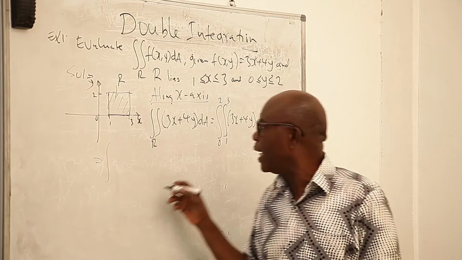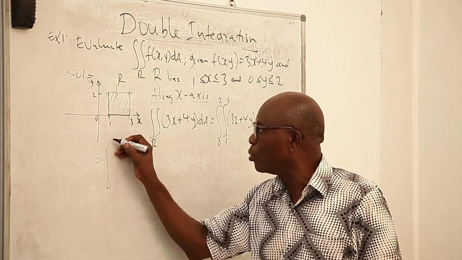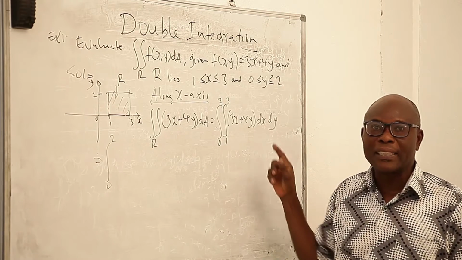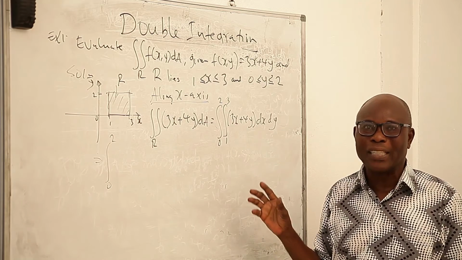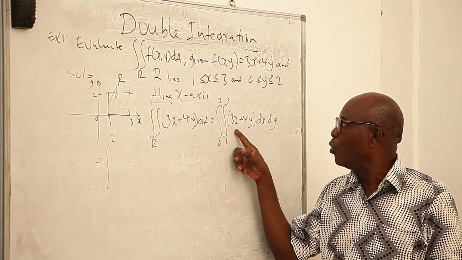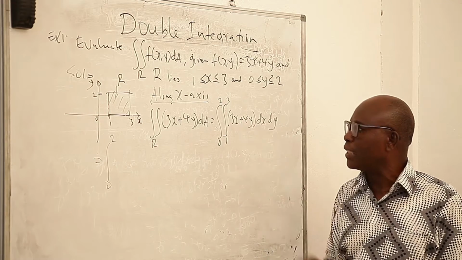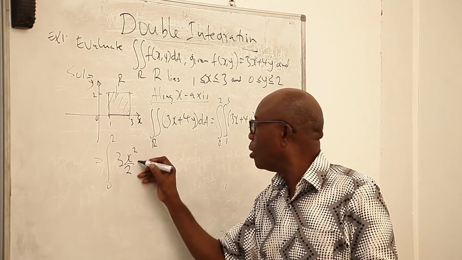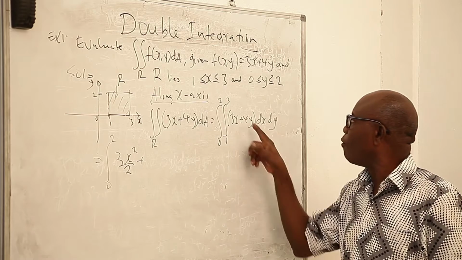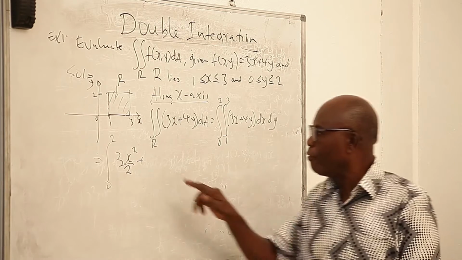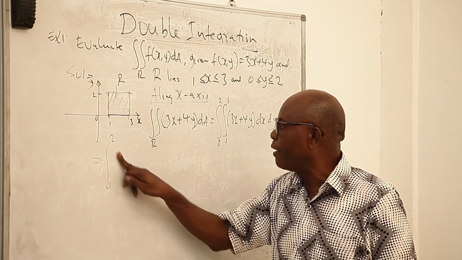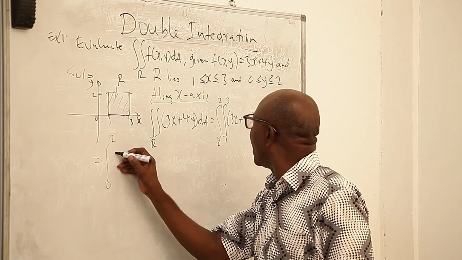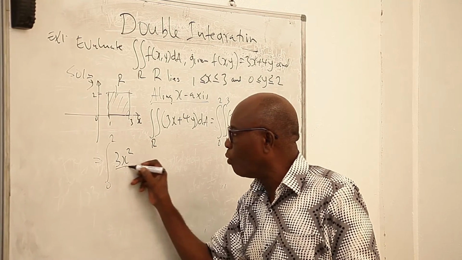So integrate the inner one, 0 to 2. Now we are integrating with respect to x, so let's keep note that y is a constant. We treat it as a constant. If we integrate 3x dx, we have 3x squared over 2.